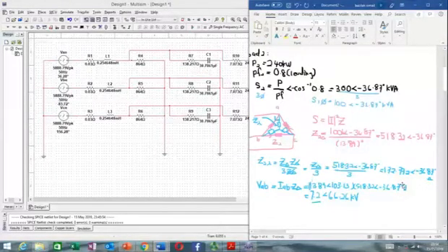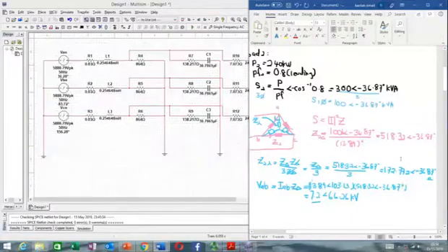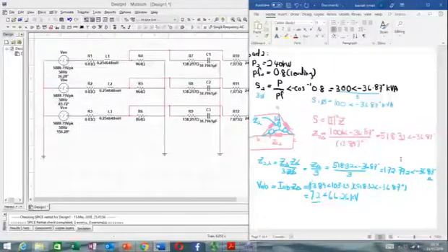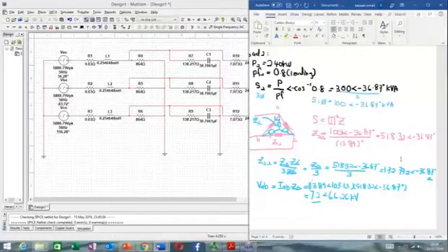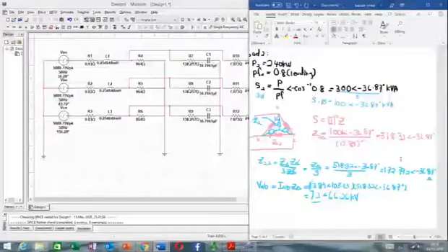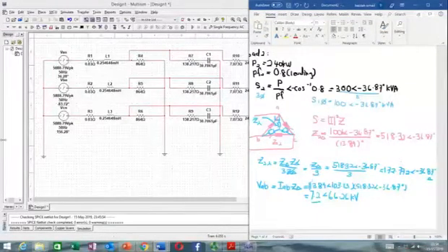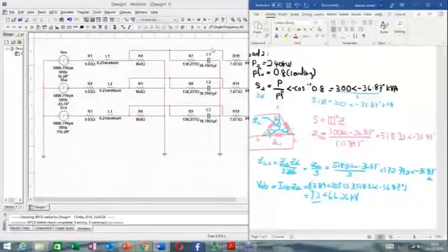So XC will be negative 103.66. So since it is negative, it should be capacitive load. So calculate C by using 1/2 pi FC.